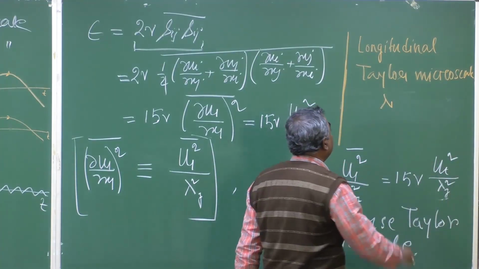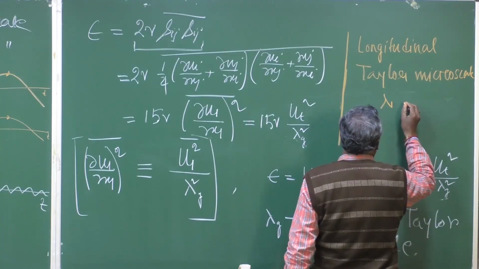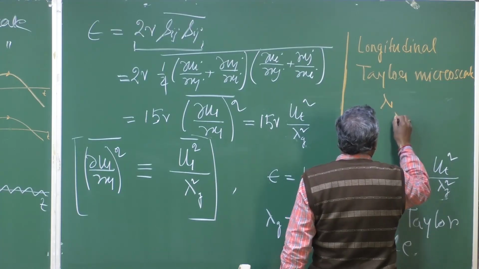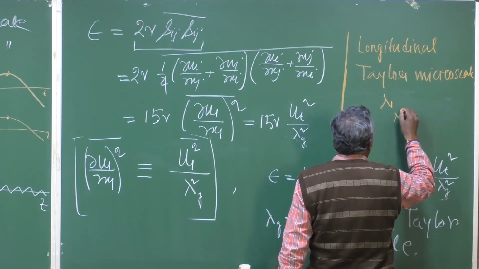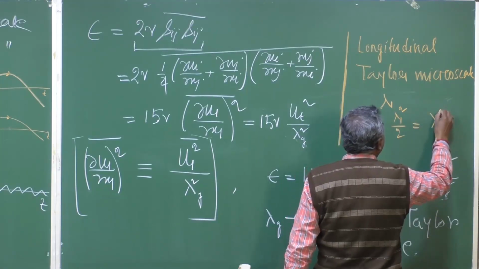The relation between lambda 1 and lambda 2 is going to be lambda 1 square by 2 equals your lambda 2 square.